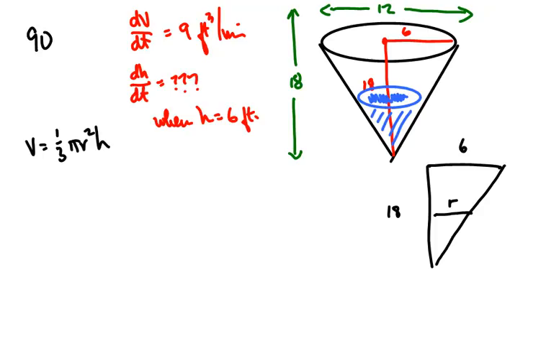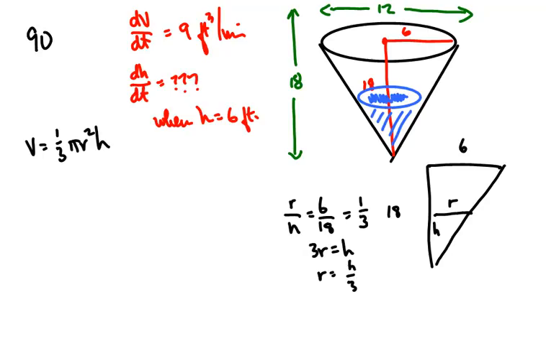And the depth of the water in the cone is also changing, so we're going to call that h. That leaves us with the proportion r is to h as 6 is to 18, or 1/3. Cross multiplying, we get 3r equals h, and r is equal to h over 3.